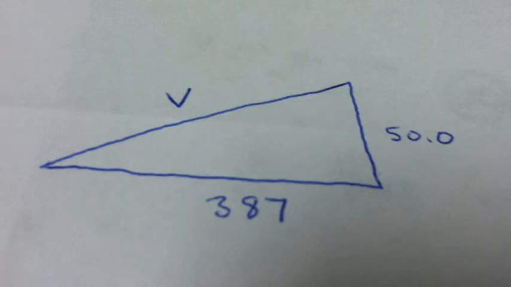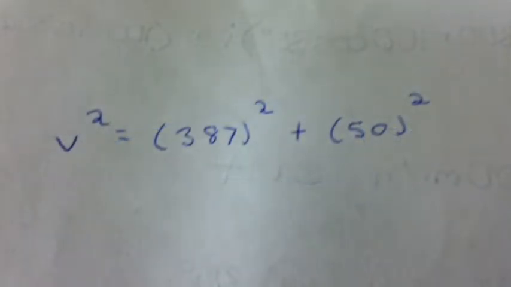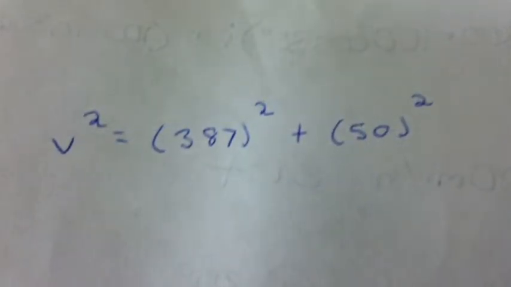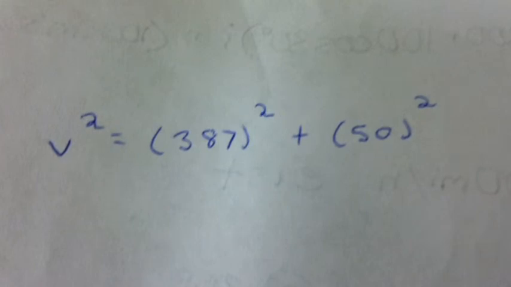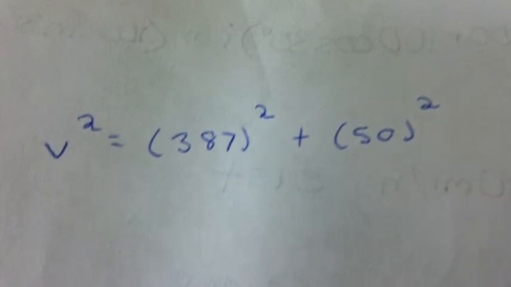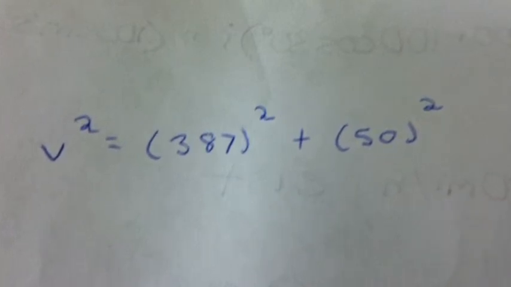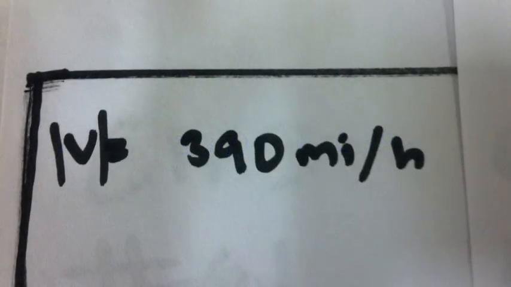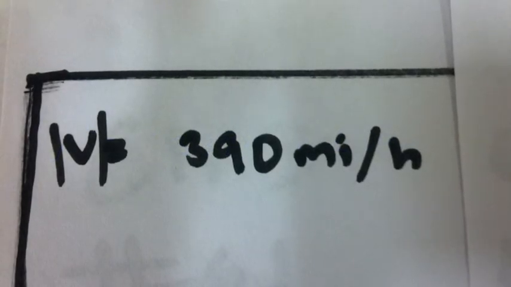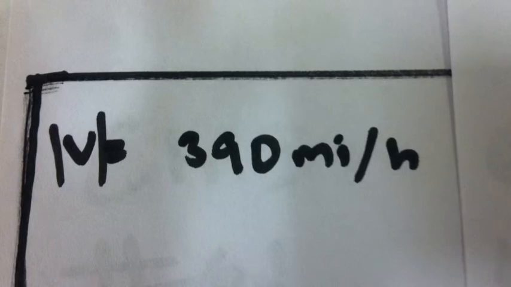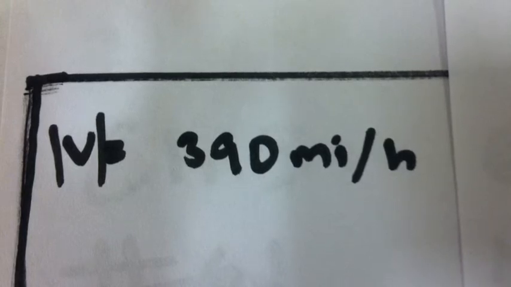The resulting velocity you would find using the Pythagorean theorem. When you use the Pythagorean theorem, your equation should look like this. Finally, once you solve for velocity, you will get velocity equals 390 miles per hour.